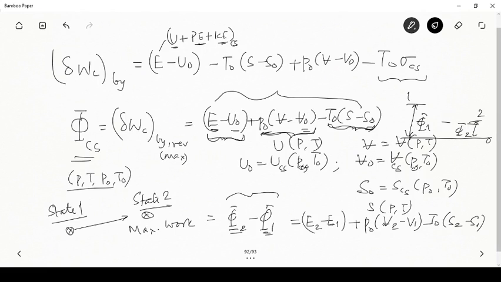Now, if I evaluate this using the first and second law expressions for a closed system, we get another interesting insight into the process of energy conversion. Let's look at that. Suppose I write the first law for a process going from state 1 to state 2.